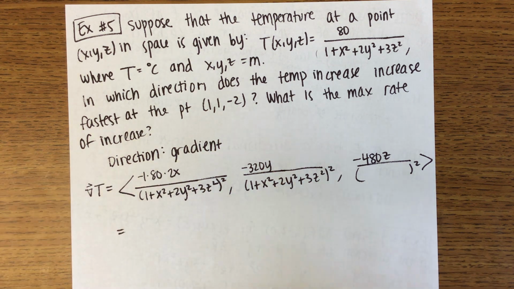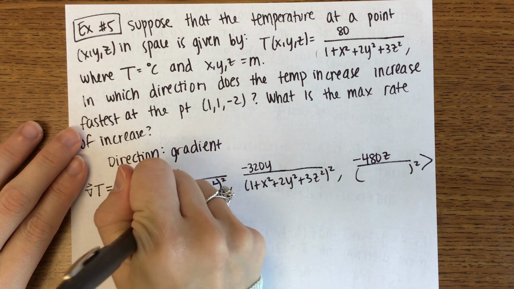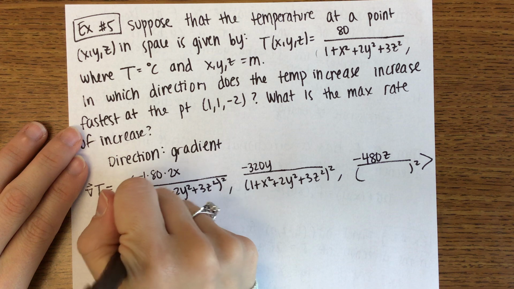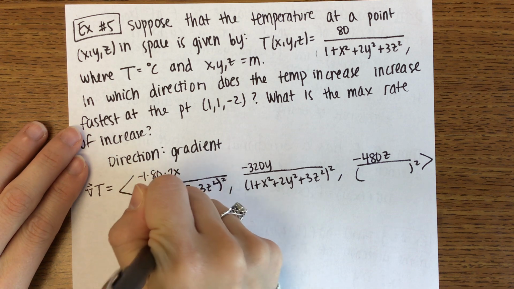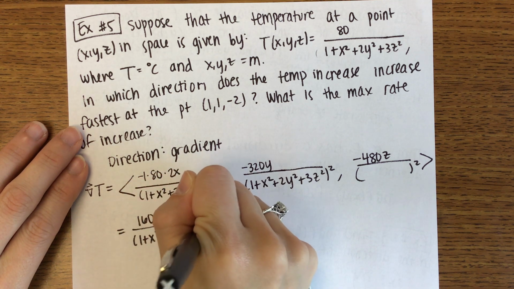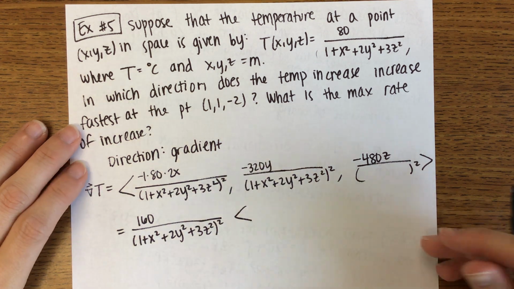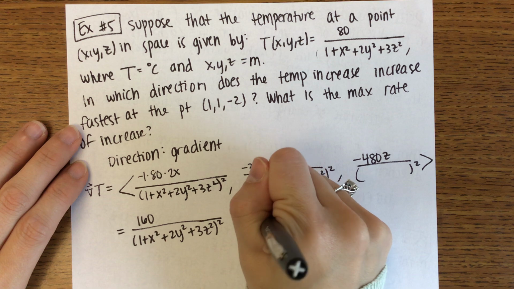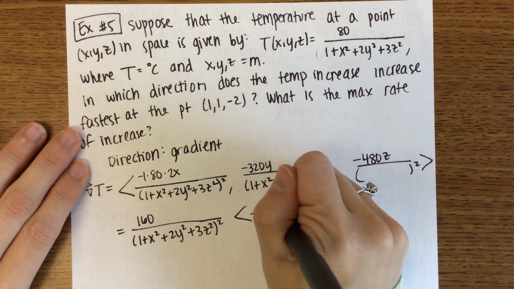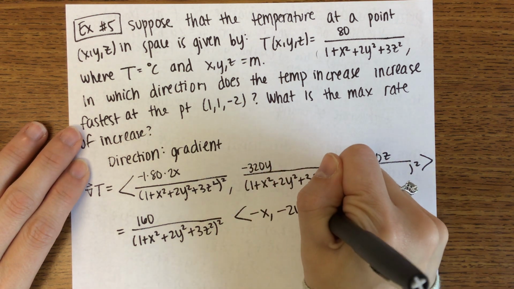Okay, I'm going to clean this up a little bit by factoring out 160 divided by that whole denominator. That leaves us with -x, -2y, and -3z.